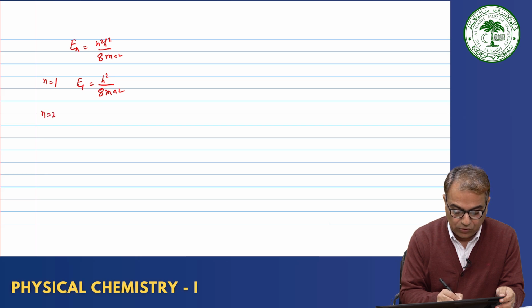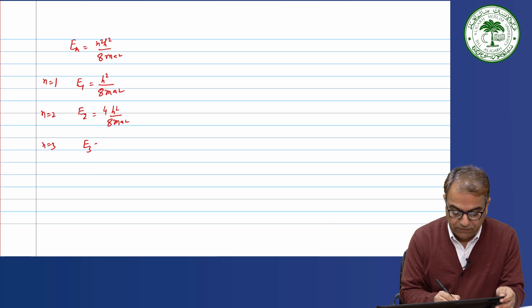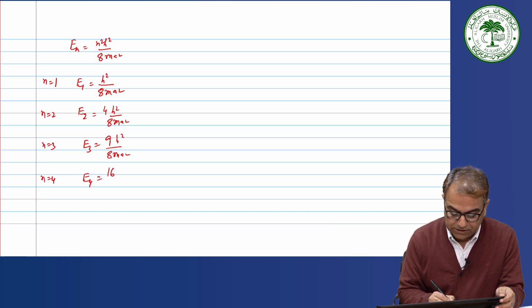If I write n is equal to 2, then E2 is equal to 4 h square divided by 8 ma square. N is equal to 3, then E3 will be 9 h square divided by 8 ma square. N is equal to 4, E4 will be 16 h square divided by 8 ma square.